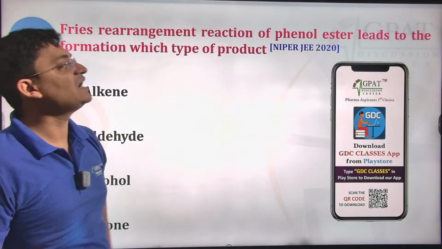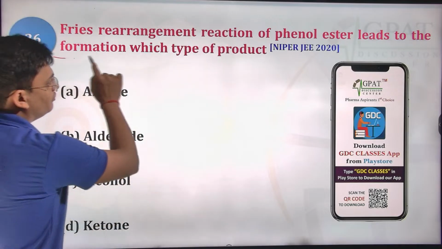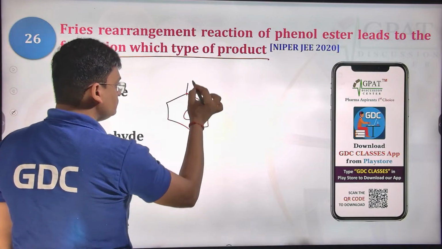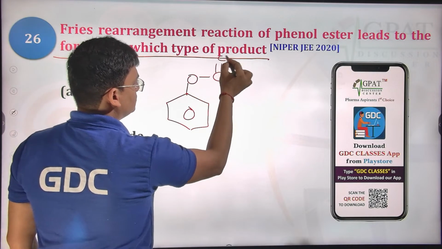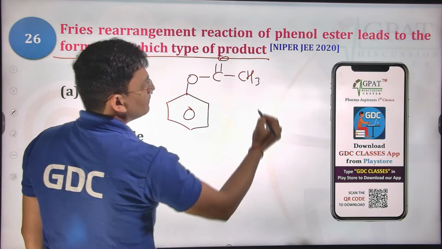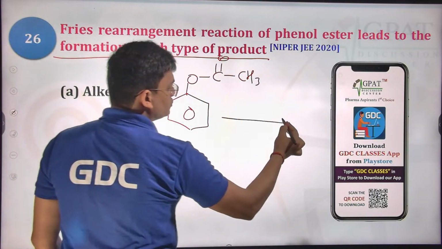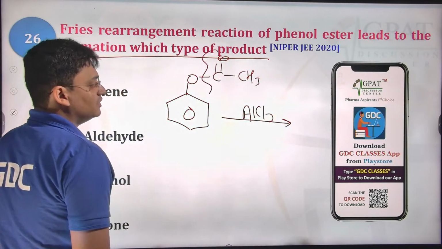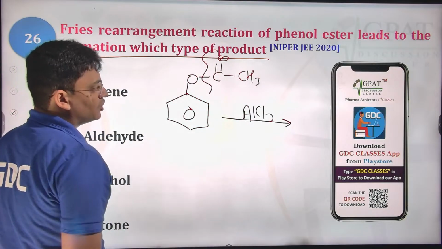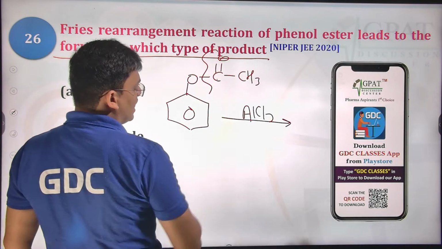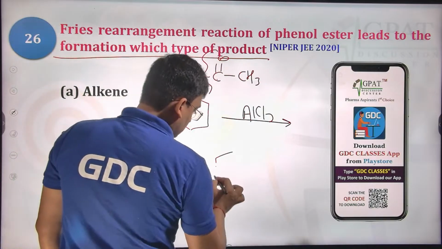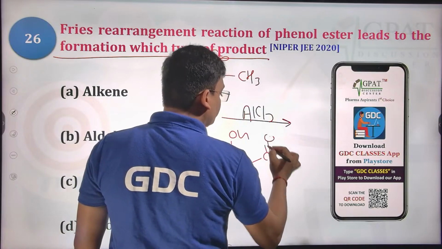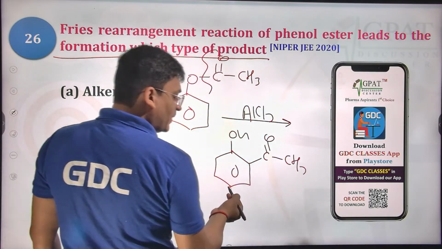Fries rearrangement reaction of phenol esters leads to the formation of which type of product? We have phenol esters. In presence of AlCl3, the OC bond breaks, and this carbon with the carbocation attaches to the ring at the ortho or para position.